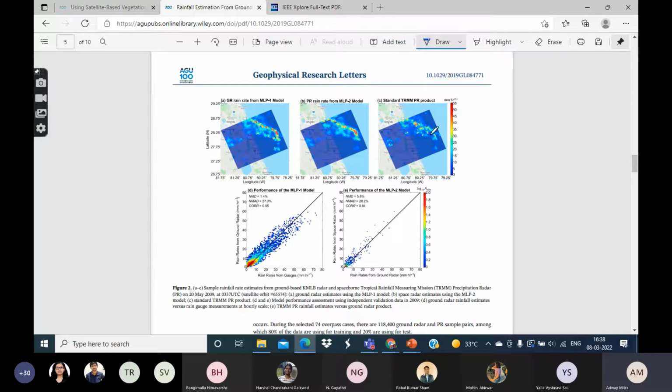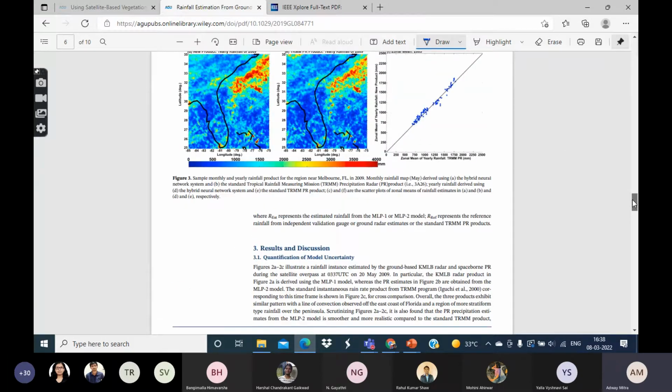So these two are nearly perfectly aligned to each other, and they are reasonably aligned with the standard TRMM observations, the TRMM measurements. Okay, so that's what this paper does in a nutshell.